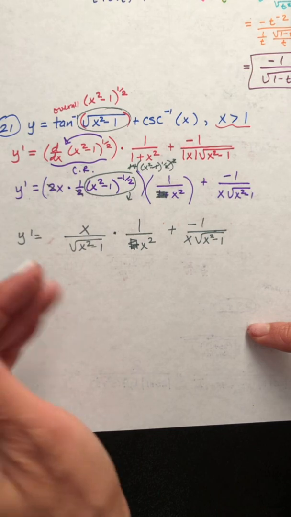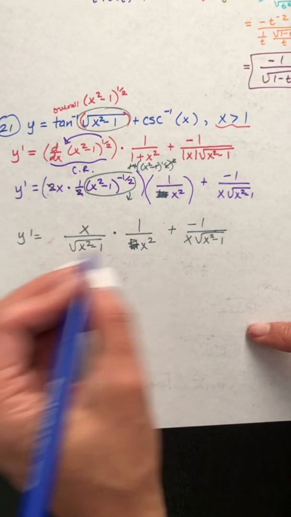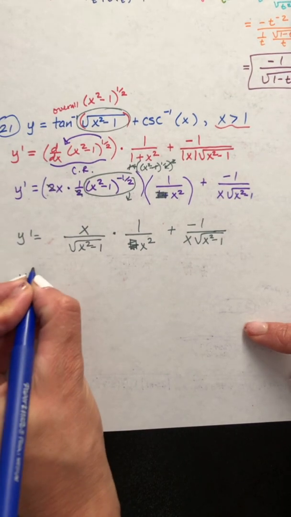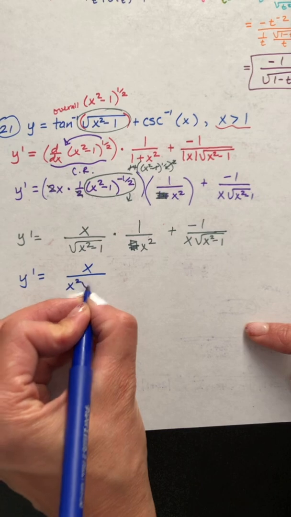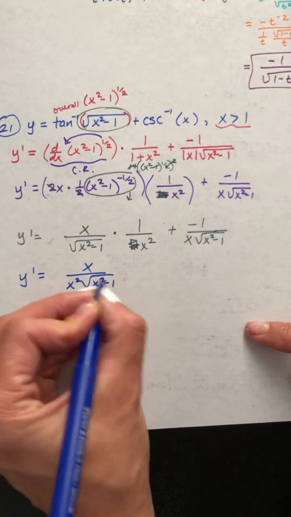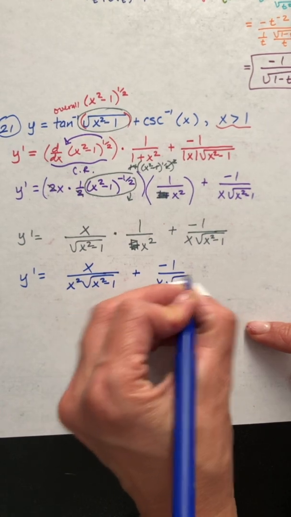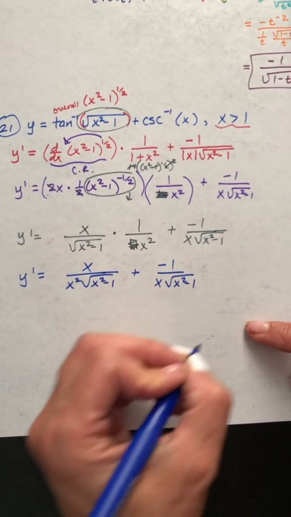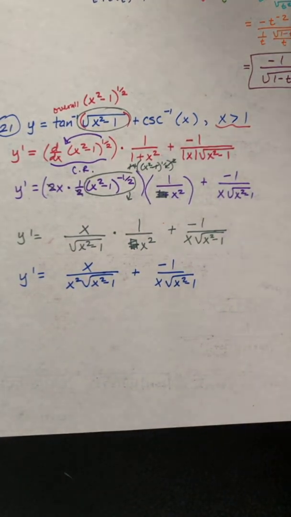All right, so now that we have that taken care of, I know that when I multiply this, I will have y prime equals x over, we'll throw the x squared out front, x squared minus 1 plus negative 1 over x squared minus 1. These are almost the same denominator.